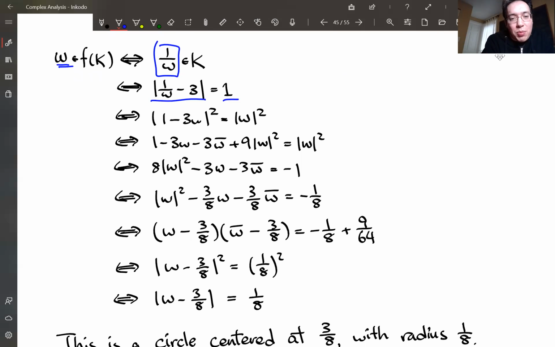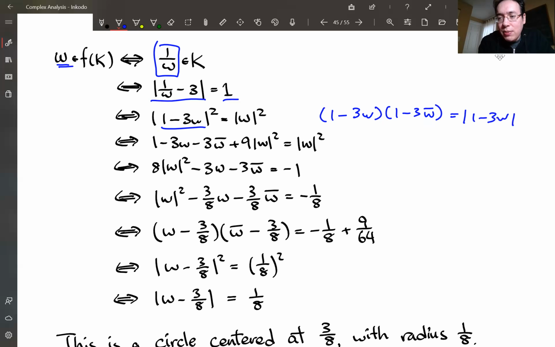And just to get rid of W in the denominator, you could multiply both sides by the modulus of W squared. So you'll have the modulus of 1 minus 3W on the left-hand side, and the modulus of W squared on the right-hand side. Okay. Here, the next step, I'm going to view this as 1 minus 3W times 1 minus 3 complex conjugate W, because this is equivalent to the modulus of 1 minus 3W squared.